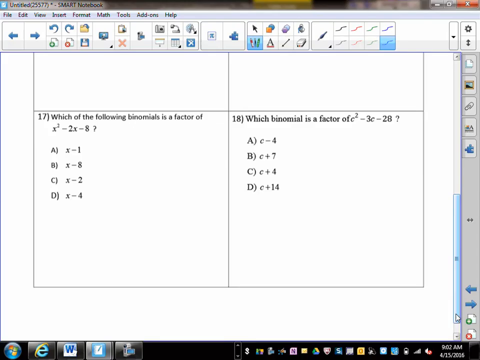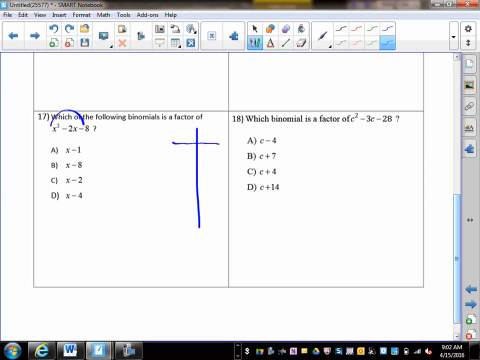All right, number 17 says, which of the following binomials... what does it mean to be a binomial? Two terms, good! Which of the following binomials is a factor of this polynomial? Can we do the shortcut here? Yes. So let's figure out our chart.